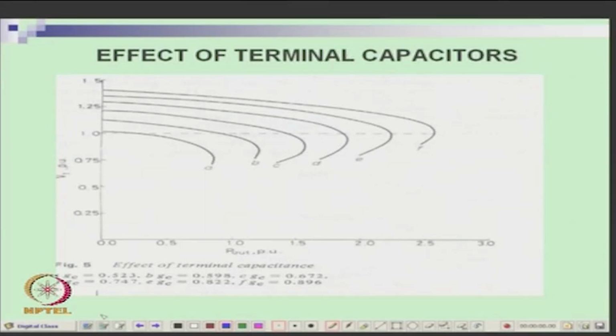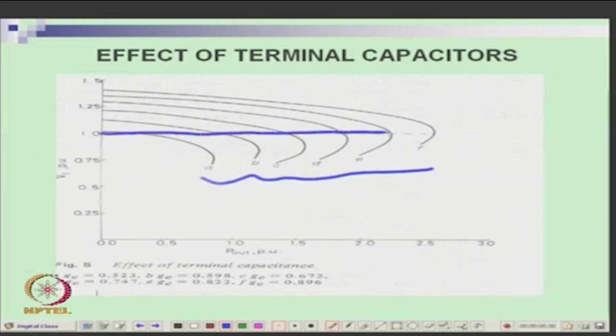Now, what is interesting is this is for different capacitors, higher capacitor, lower. Supposing I want to maintain the voltage constant at 1 per unit. This is a constant voltage line. You do not want the voltage to change as the load varies; you want the voltage to be the same.